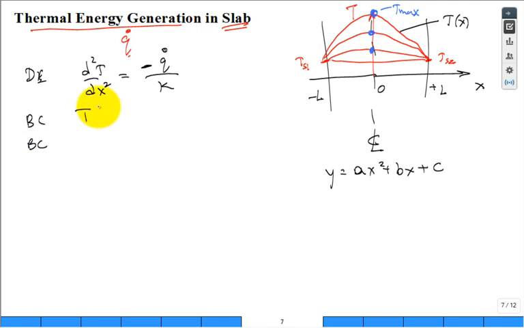So the temperature at x equal to plus L is equal to TS2, and temperature at minus L is TS1. You can do this where they're not the same TS's. Right? You can let one be higher than the other.